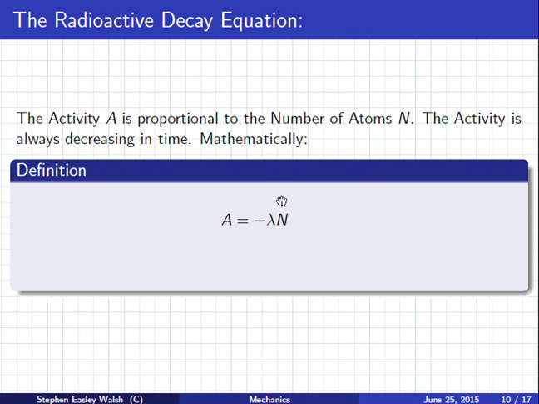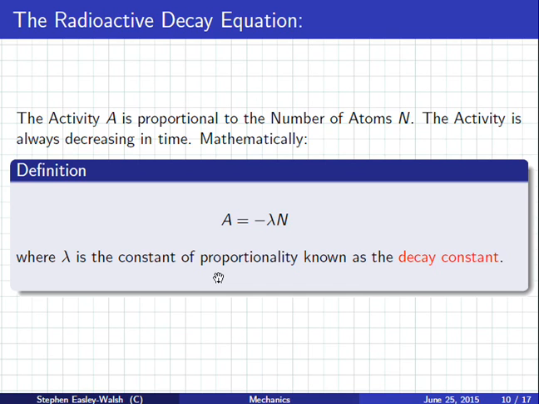So really, make sure you've got this highlighted in your notes. Lambda is the constant, and you should write down its name. We'll use it a lot. It's called the decay constant. So you can just write down the formula and make sure you have the name of this lambda beside it, decay constant.